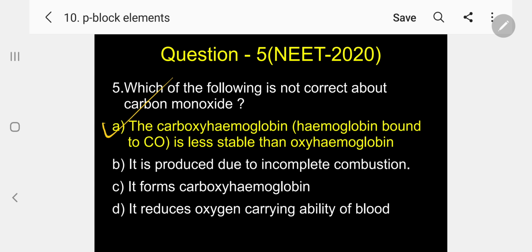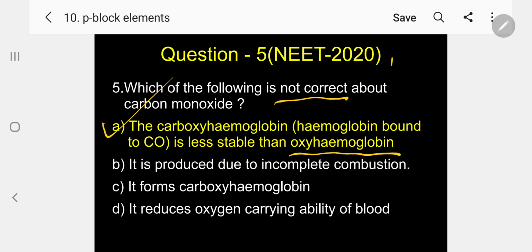Why? This is very simple. The statement that carboxyhemoglobin is less stable than oxyhemoglobin is wrong. The correct statement is that carboxyhemoglobin is more stable than oxyhemoglobin. How can we compare this?